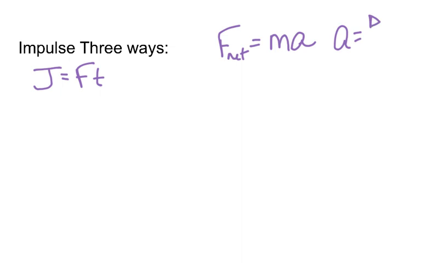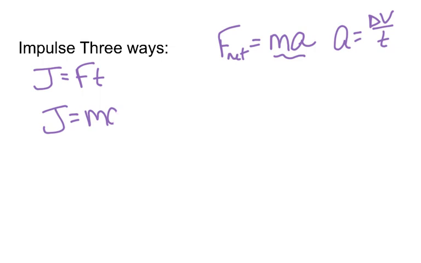So, impulse. We can actually figure out the impulse three different ways. We just talked about one of them, and that's with the impulse equation, okay? Well, we have an equation for a net force, and we said it was mass times acceleration. We had an equation for acceleration, which was the change in velocity over the change in time. So I can actually substitute these into the impulse equation, where I get mass times acceleration, because that's my net force equation.